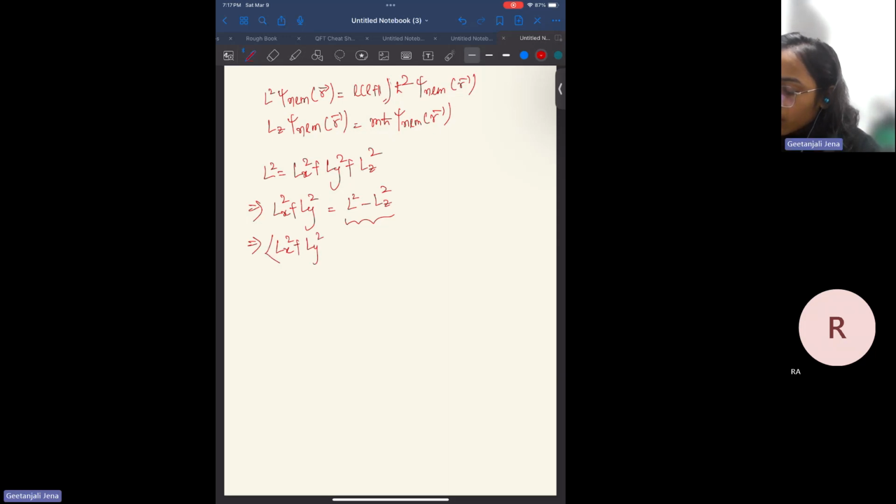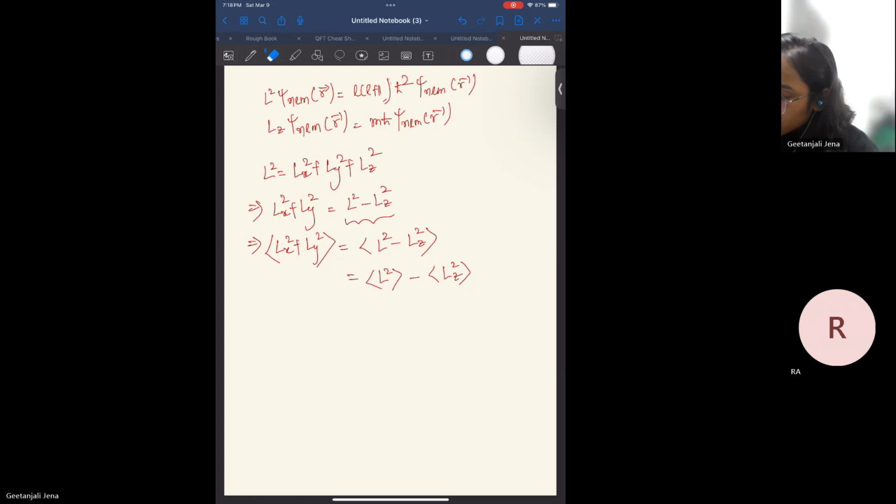So the Lx square plus Ly square expectation will be L square expectation minus Lz square expectation.